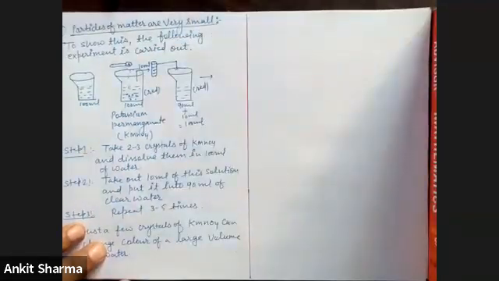So we conclude that there must be millions of tiny particles in just one crystal of potassium permanganate, which keep on dividing themselves into smaller and smaller particles.